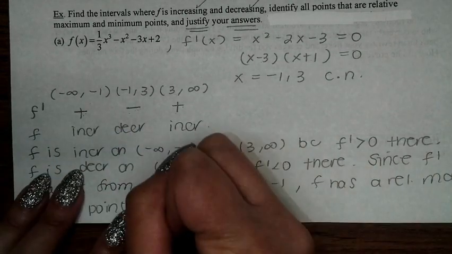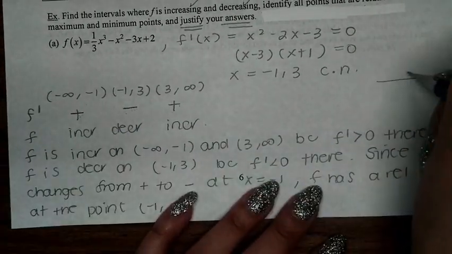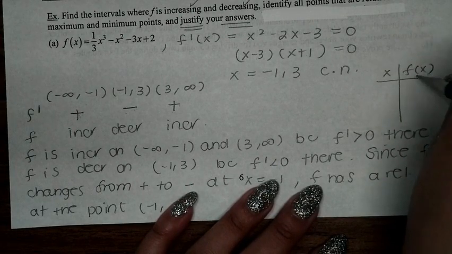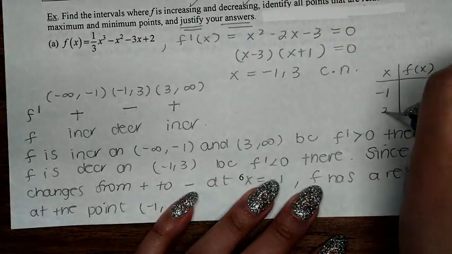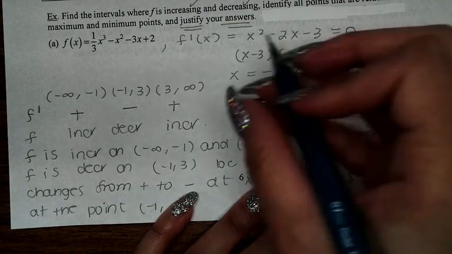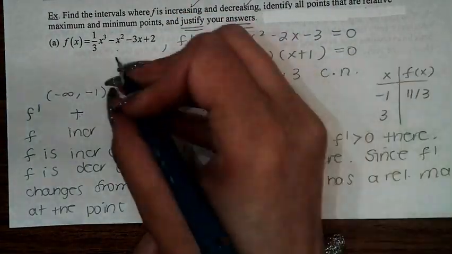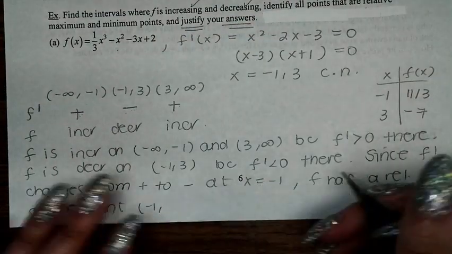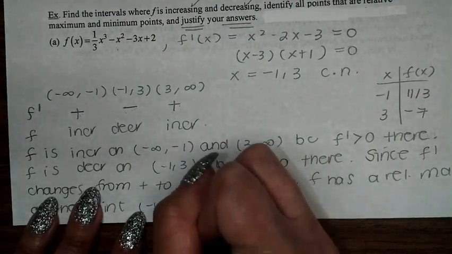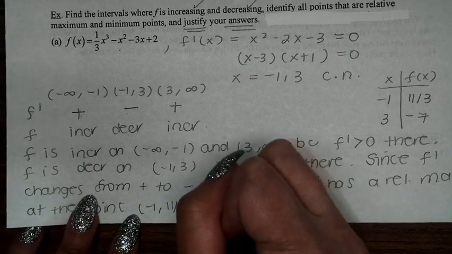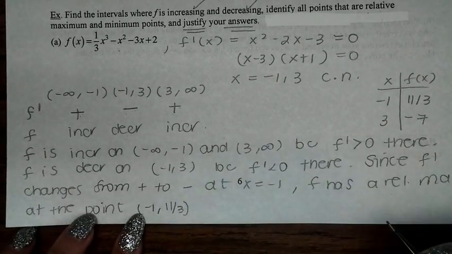It's going to be negative 1 something. So now you know that you need to plug the negative 1, and what's the other one? The 3. When I plug negative 1 inside your original, you have that that's 11 over 3, and when I plug the 3 there, that's going to be negative 7. So this one is a point, negative 1, comma 11 over 3.